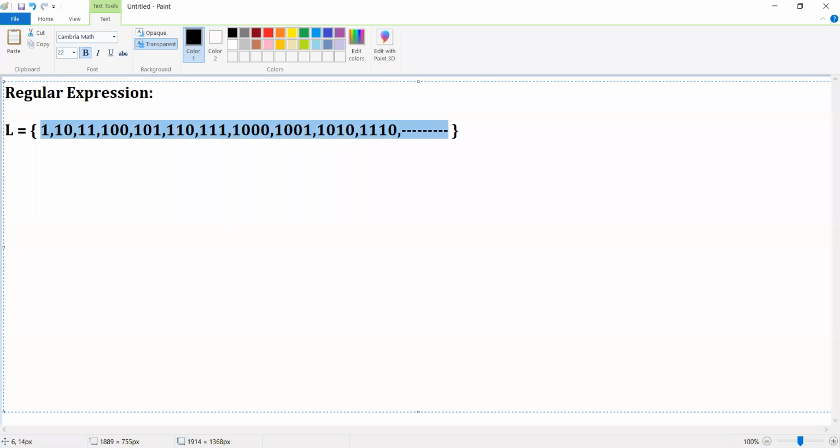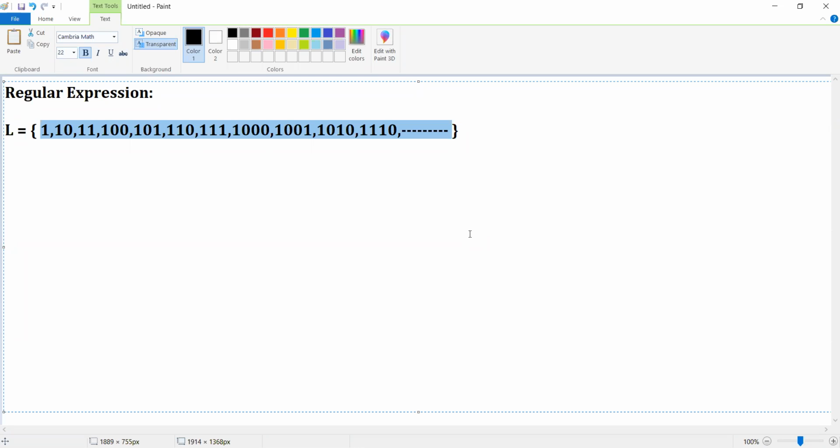Now please go through this language. Everybody, please go through this language and identify: are you able to find any pattern which is common for all the strings? Starts with 1.